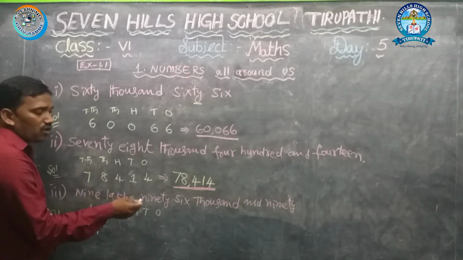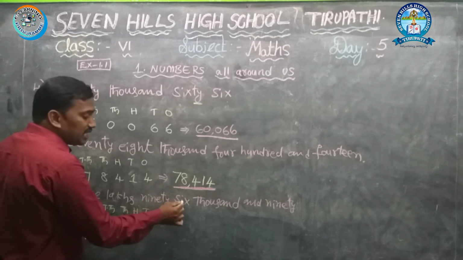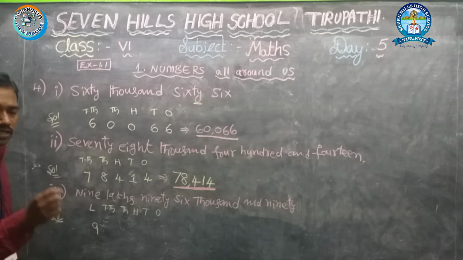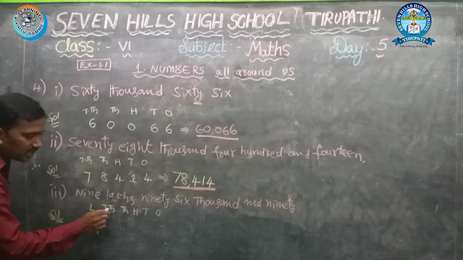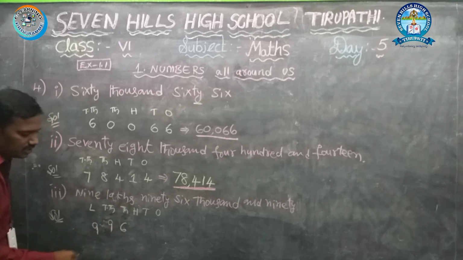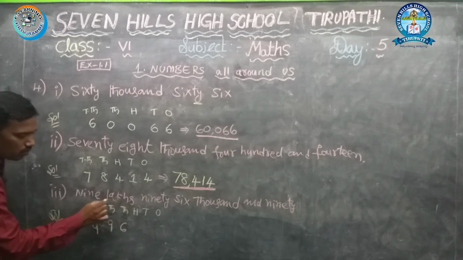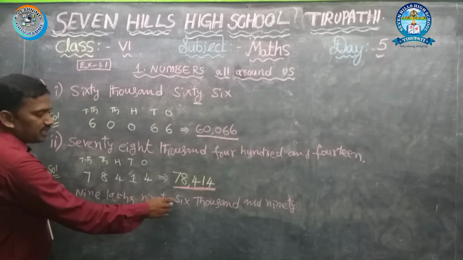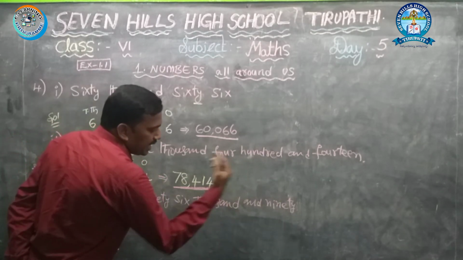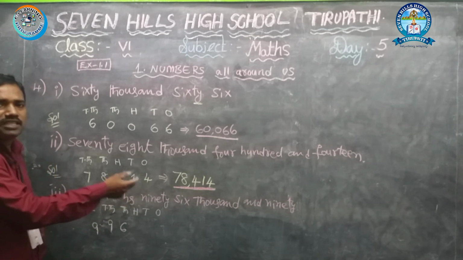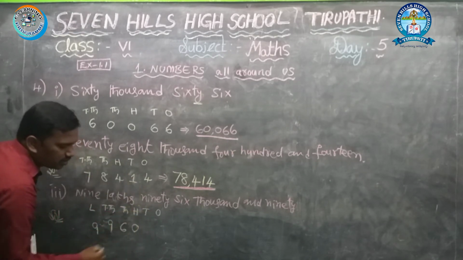After 9 lakhs, how many thousands are there? 96,000. That means in the 10,000s place it is 9 and in the 1,000s place it is 6. After that, 96,000 and 90: in the hundreds place we keep 0.